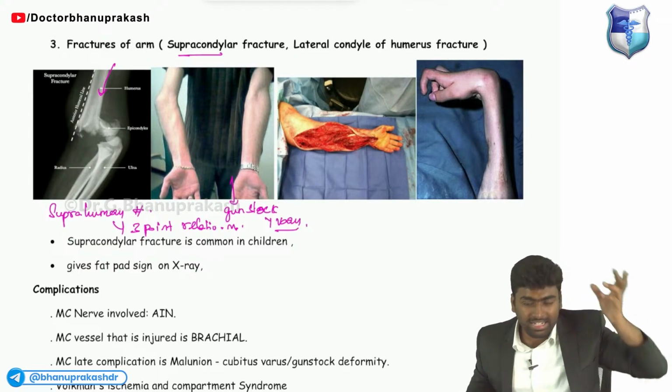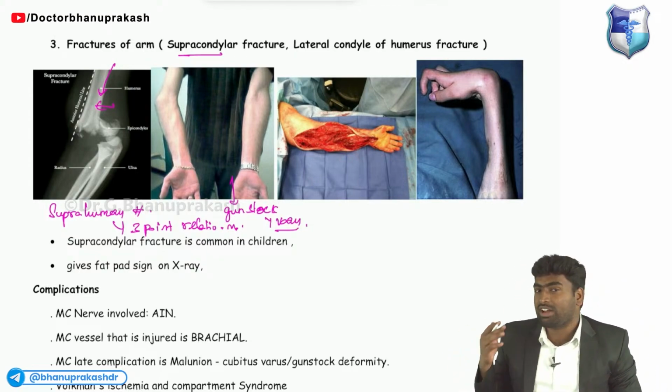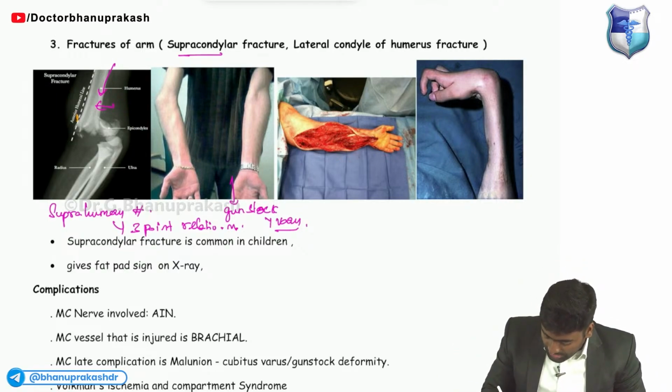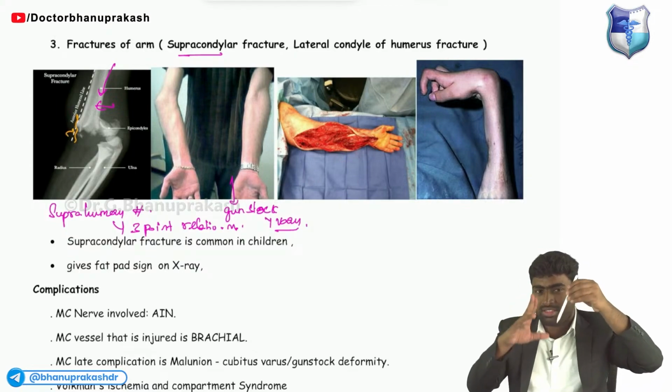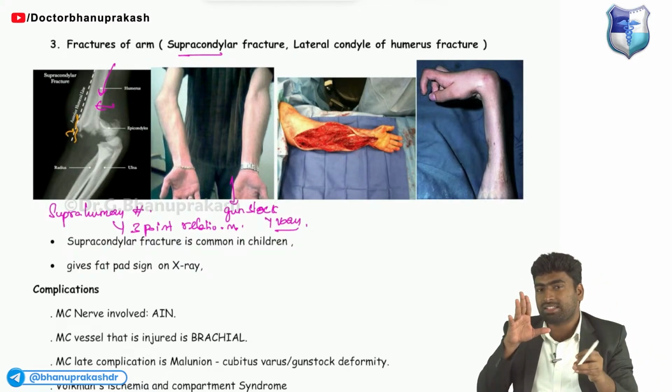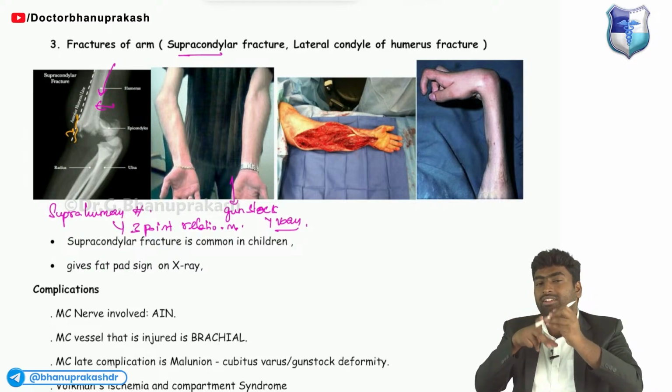We already studied in anatomy that along with the humerus there are a few nerves and arteries. Anteriorly there is the brachial artery. If a fracture happens, the fractured bone can push on the artery, and it will kink and irritate, impairing the blood supply.